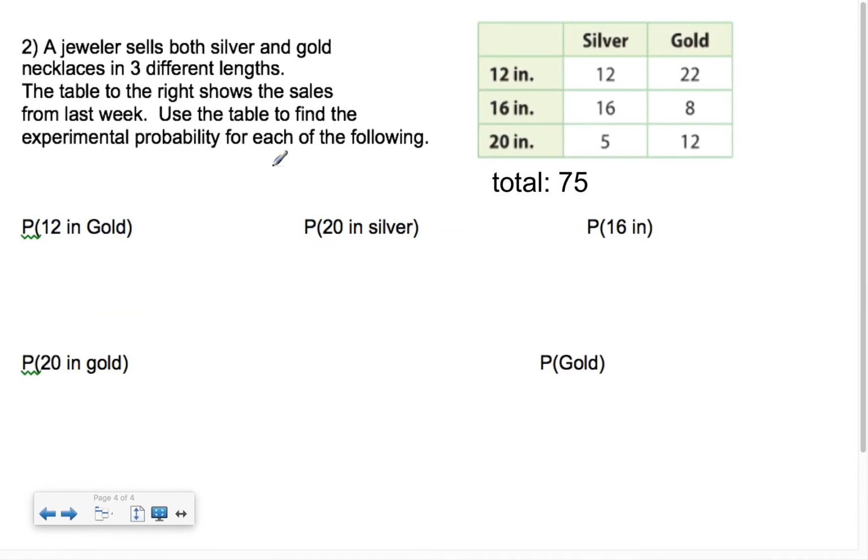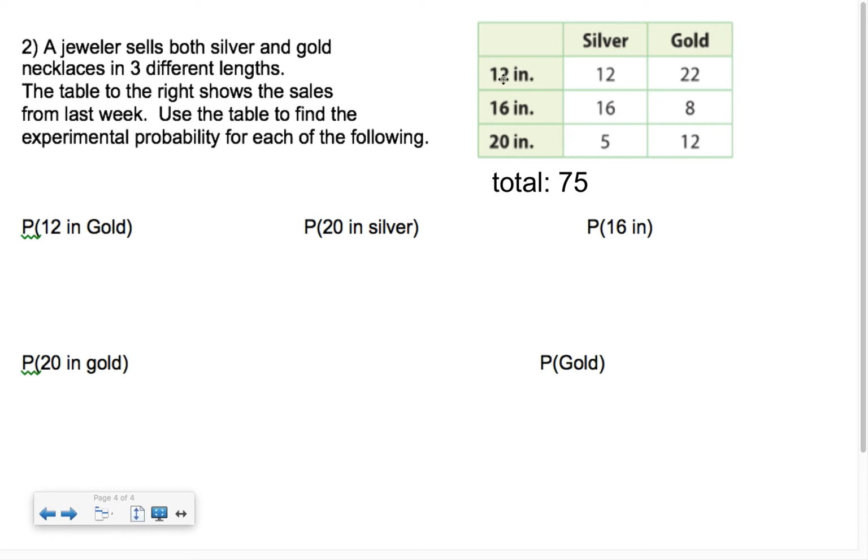Okay, let's try another. A jeweler sells both silver and gold necklaces in 3 different lengths. The table to the right shows the sales from last week. Use the table to find the experimental probability for each of the following. Looking at the table, silver necklaces, gold necklaces, 12, 16, and 20. There's a total of 75 different outcomes here, or different trials. Now we're looking at the probability of a 12-inch gold necklace.